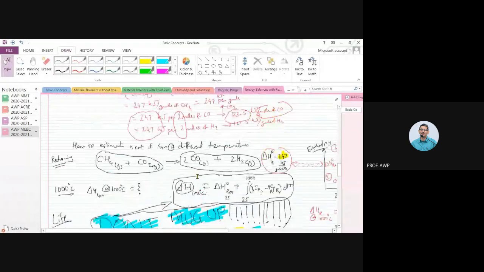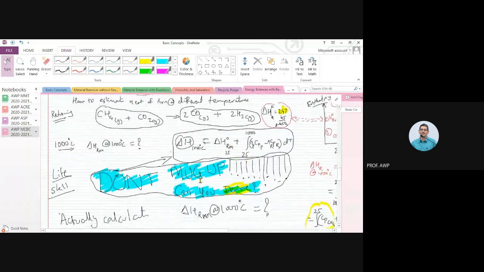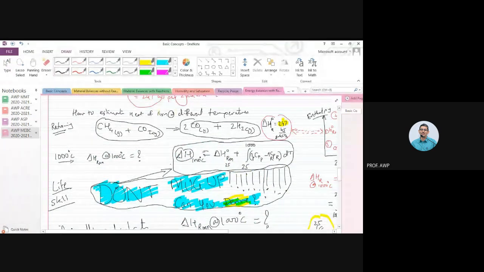Okay, now let's go forward. We talked about how to estimate heat of reaction at different temperatures. Kirchhoff's laws that you have mugged up in your 11th standard, 12th standard, without knowing why we are mugging it up, without knowing where that law comes from. There is no such thing as that law. It is not a gospel truth.